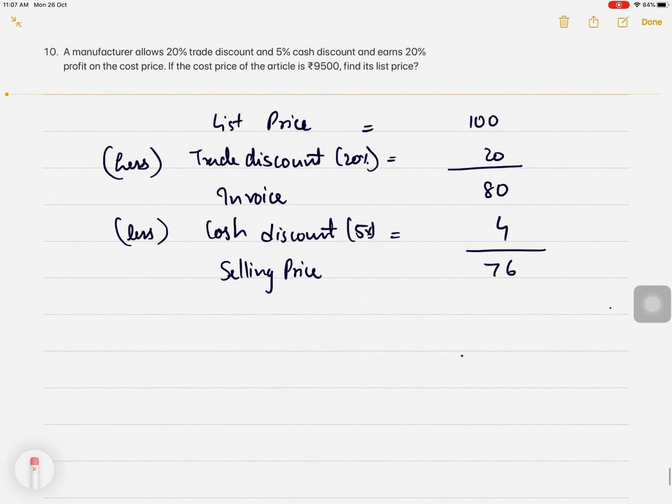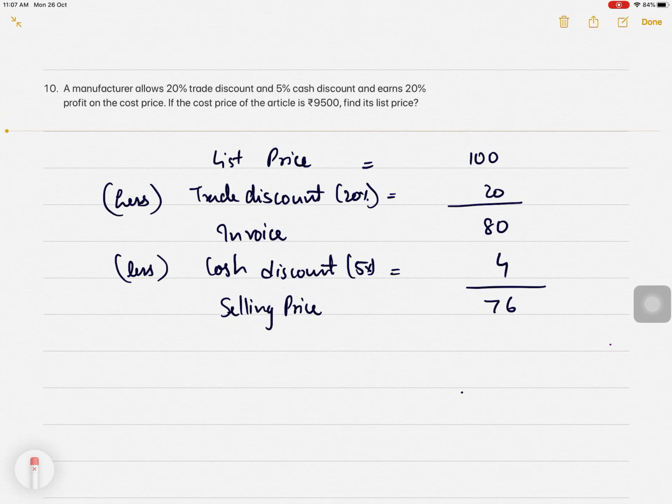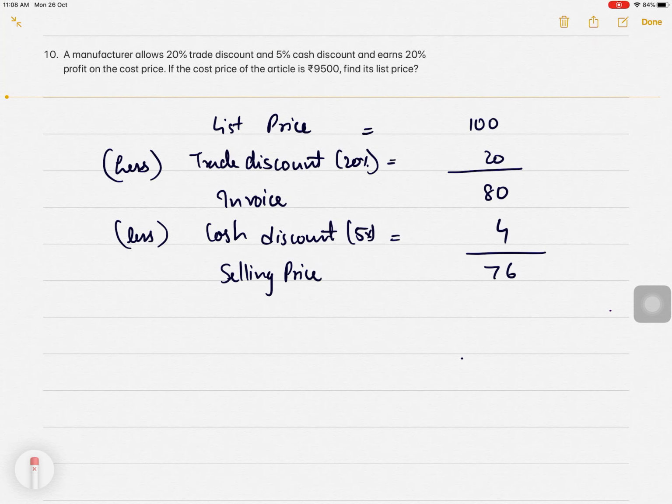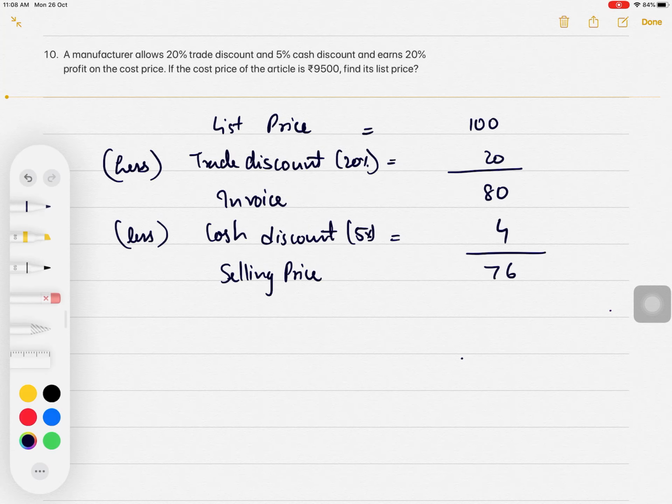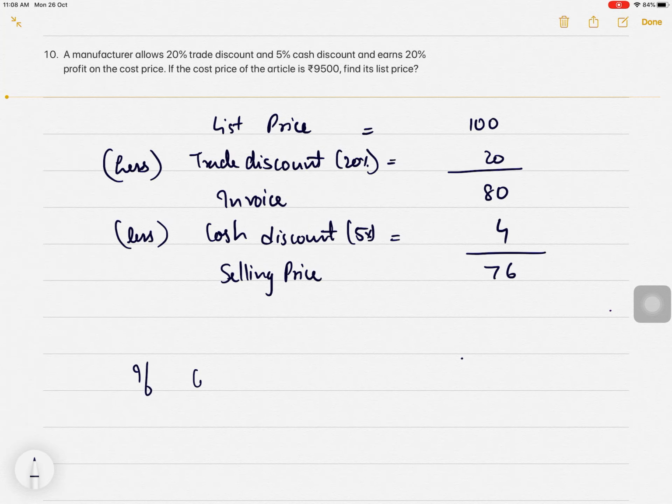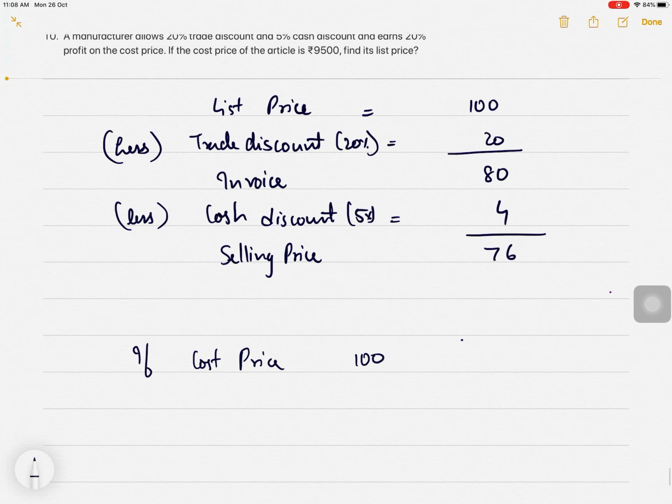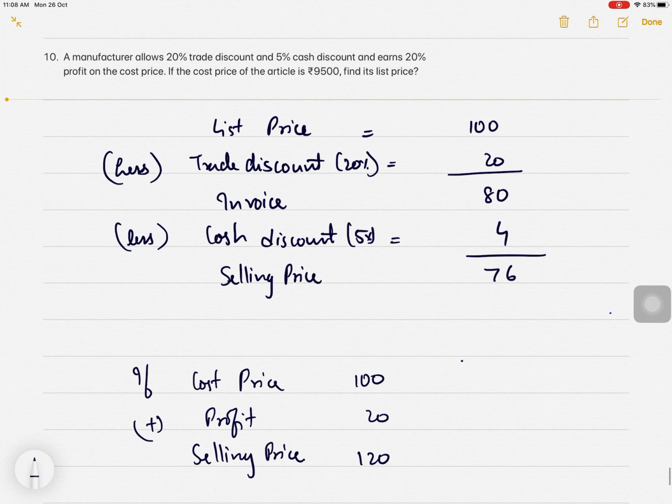selling price is 76. Okay. Now, cost price is given as 9,500. So, if cost price is 100, plus profit, which is 20%, so 20 rupees, selling price becomes 120, right?